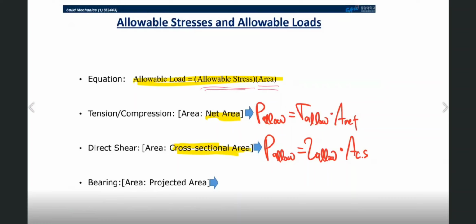And another important allowable loading condition we can define is the bearing condition. So in this case, the allowable loading condition can be identified as the product of the bearing stress sigma B and the bearing area, which is the projected area.